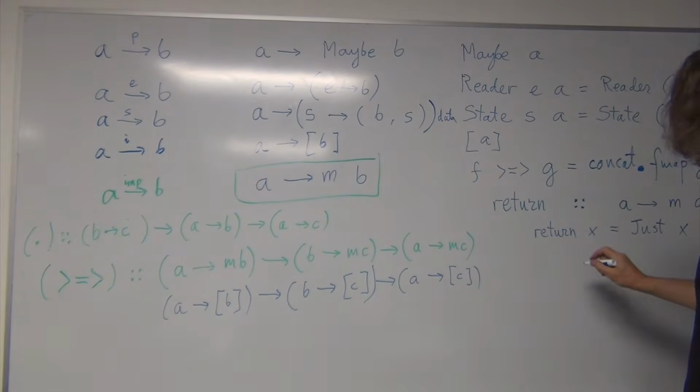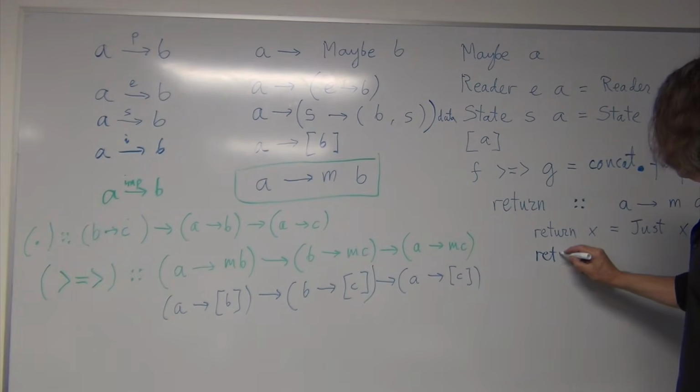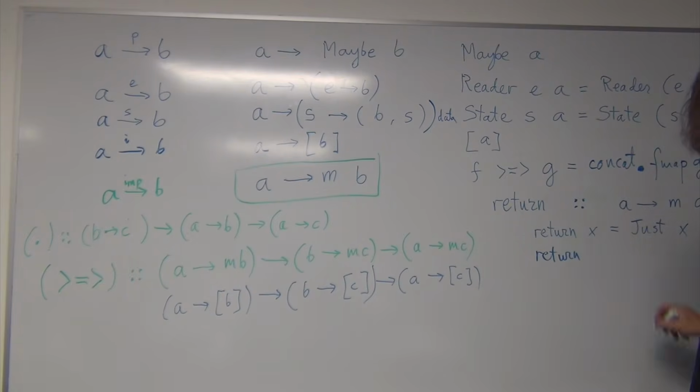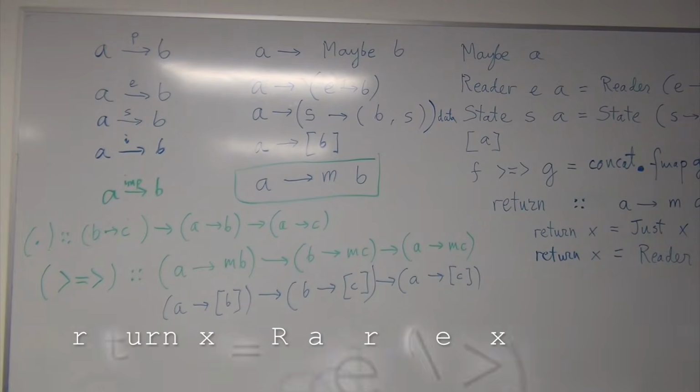For reader, return x equals, and we have to create a reader from nothing, okay? Reader. And to create a reader, we provide a function from some environment E to A, right?